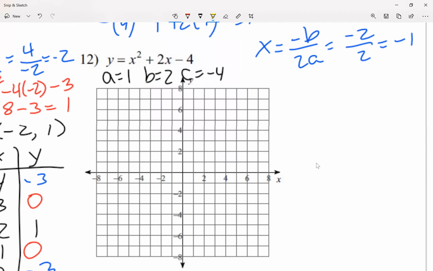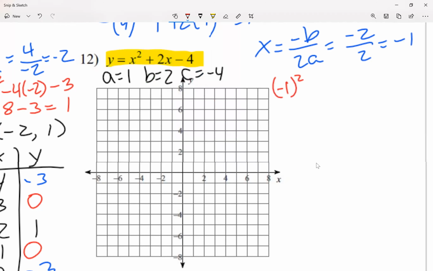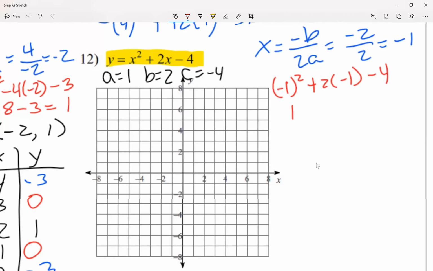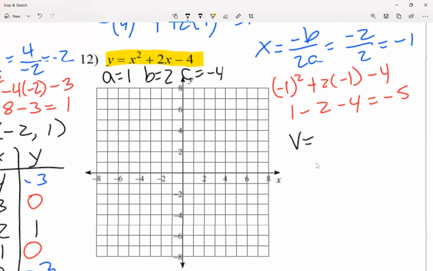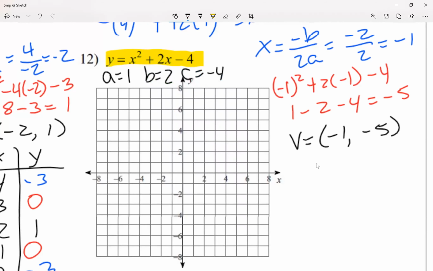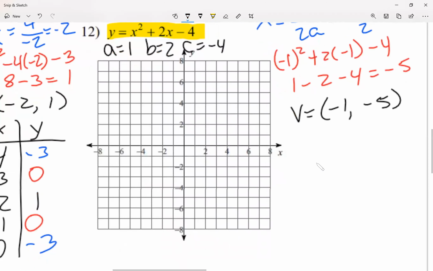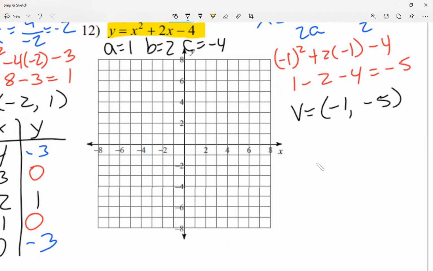So cool, I know the X value of my vertex is -1. I'm going to use that equation. So -1 squared plus 2 times -1 minus 4. So I have 1 minus 2 minus 4. That's -5. So in this case, the coordinates of my vertex are -1, -5.